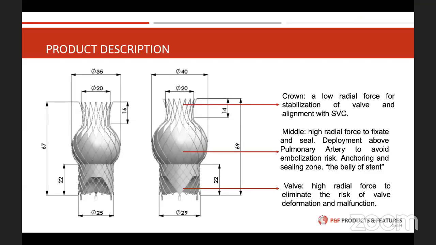And we have a stent with high radial force to avoid any deformation and any kind of malfunction of the valve after deployment. Then we will have the belly at the level of the pulmonary artery. We will see this during the implantation presentation, that we need to keep this above the pulmonary artery to keep this sealing and fixation of the device.